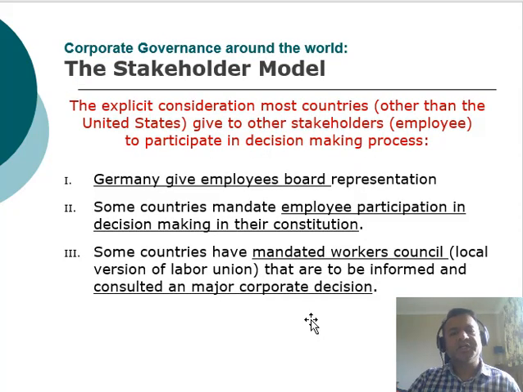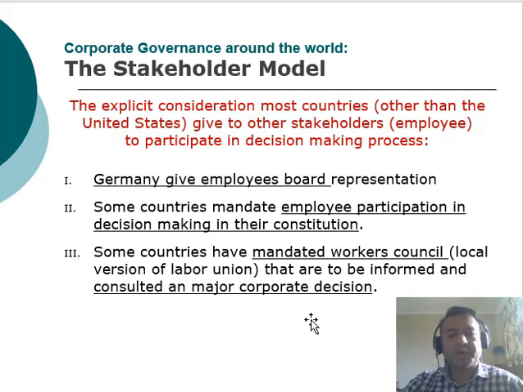Now the next slide talks about the stakeholder model. Most countries other than the United States give explicit consideration to other stakeholders, for example the employees, to participate in the decision-making process. For example, in Germany, having a two-tier board structure is a very common situation.